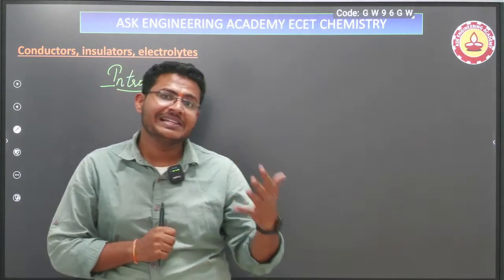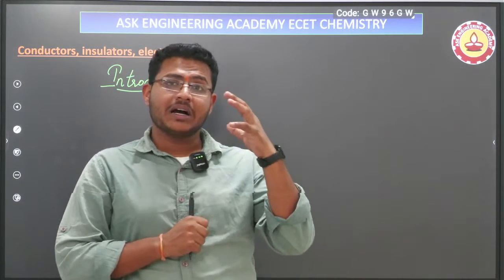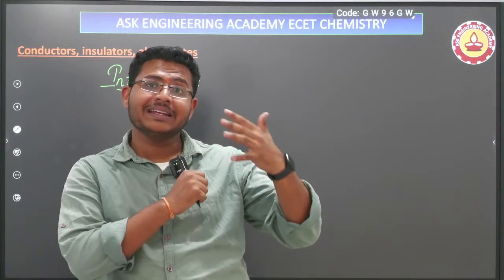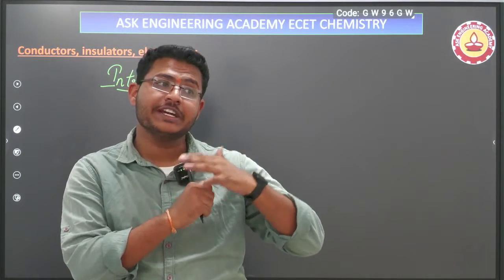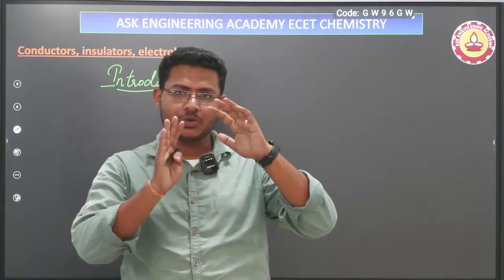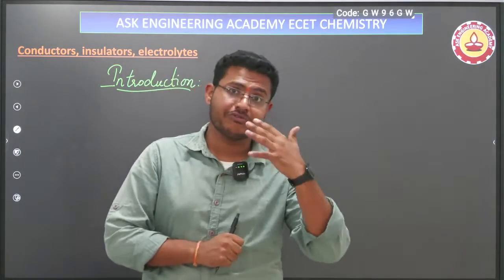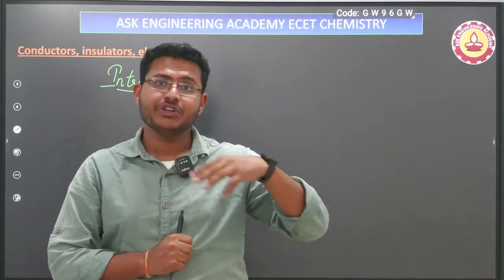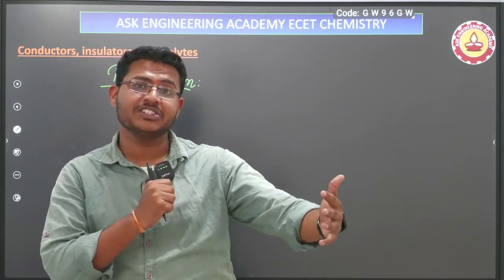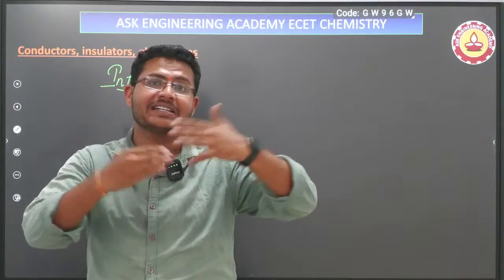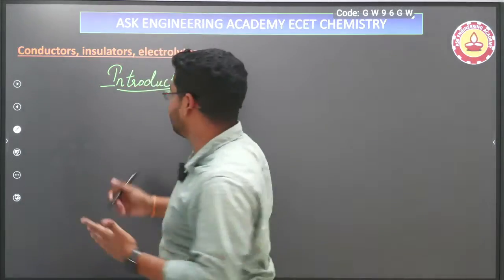It mainly deals with how electrical energy is associated with chemical energy. It is a branch of physical chemistry in which we study how chemical energy and electrical energy are exchanged mutually.